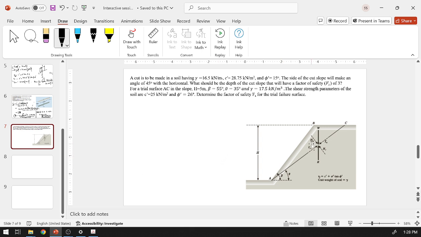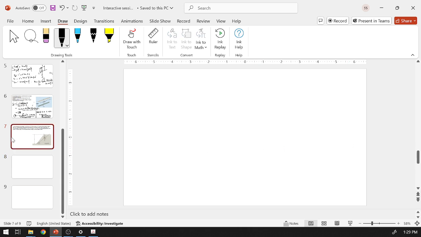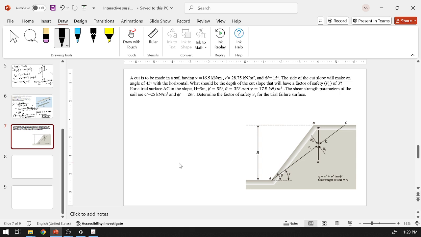So what we do is we take a trial surface and we take the weight and the reaction, just like in infinite slopes that we did. We do the normal component and the tangential component.